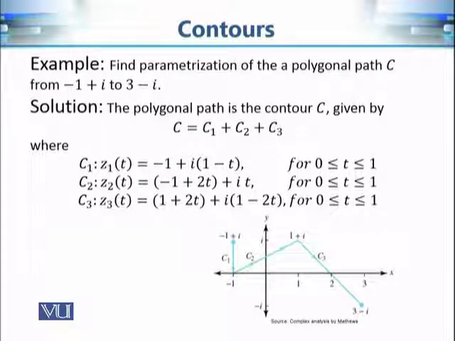So we have a polygonal path from -1 plus iota to 3 minus iota, and we follow the journey by using 3 different line segments, and as discussed earlier, we can also choose some other path as well. So that's how we construct this contour. I'm saying that it is a contour because C1, C2, C3 are basically smooth functions, and it is left as an exercise to check whether these curves are smooth or not in the given intervals.